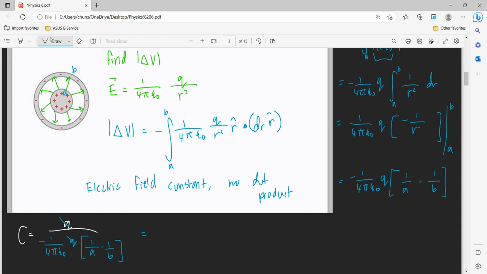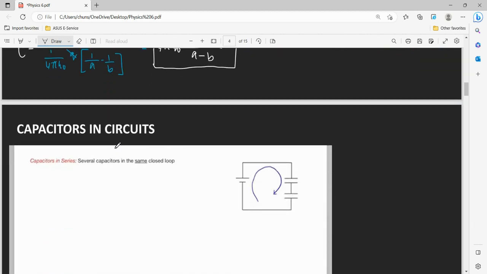So let's flip all of these around, and this becomes a minus b over 4 pi epsilon naught. Sorry, this is wrong. Since we're working with the magnitude, this negative sign goes away, and this is 4 pi epsilon naught times a times b over a minus b. All right, so that is capacitance and capacitors.